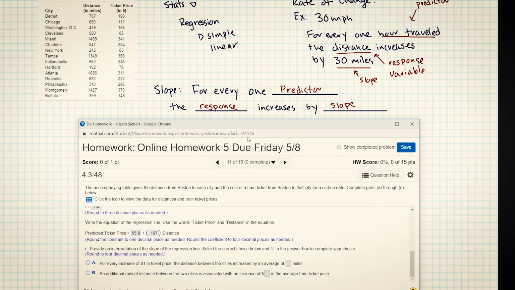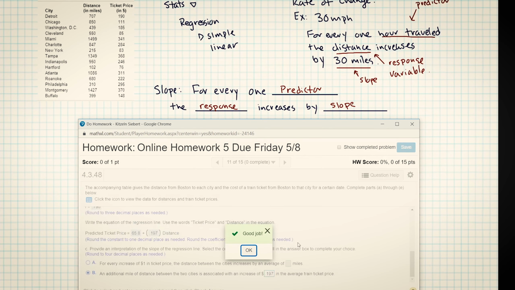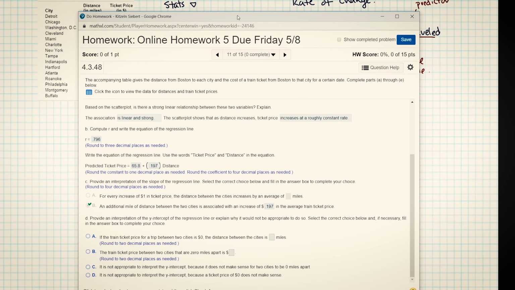In this problem the predictor was distance, so for each additional mile, and I'm leaning towards answer B, is associated with an increase of blank in the average price. This blank needs to be the slope, so is associated with an increase of $0.197 in the average price of the ticket. Good job.